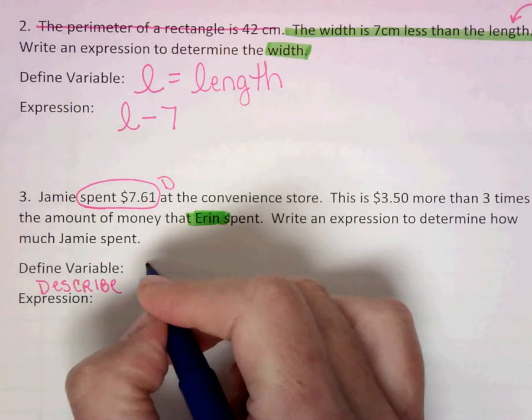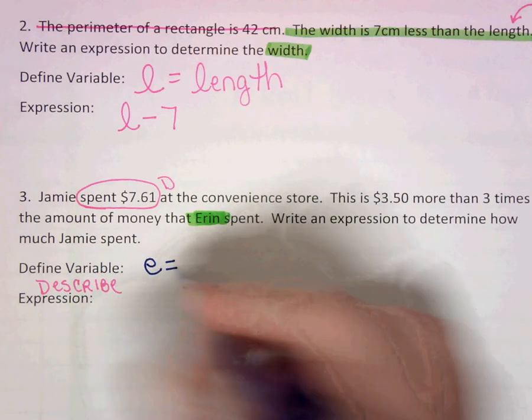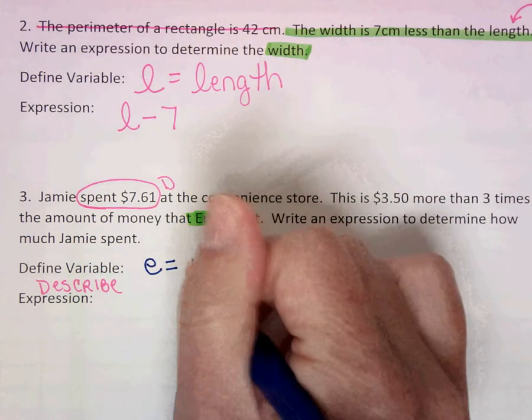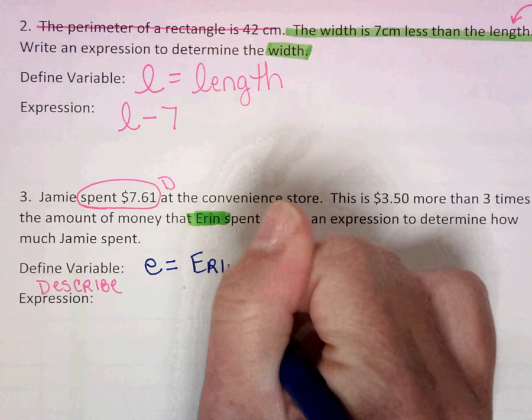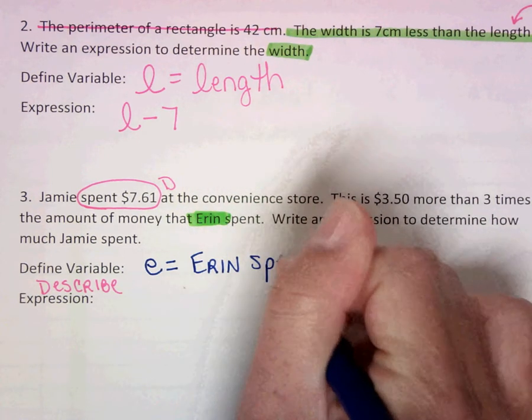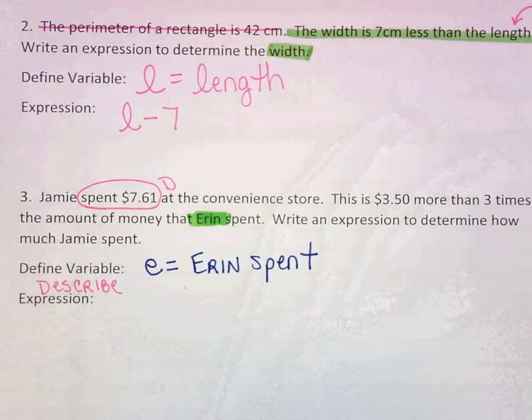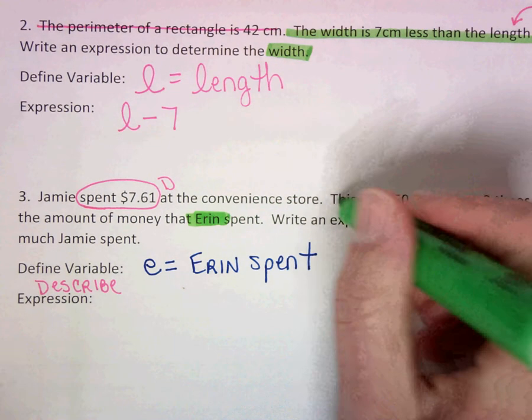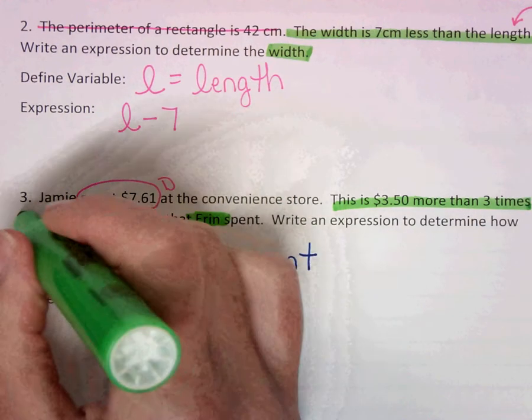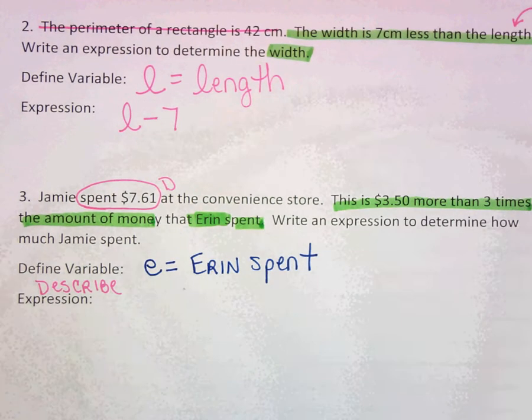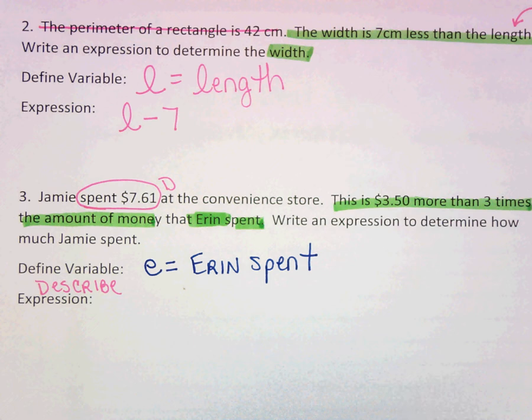So our unknown here is E for Aaron. We don't know how much Aaron spent. We can describe that using this sentence and the variable E or X or whatever you want.